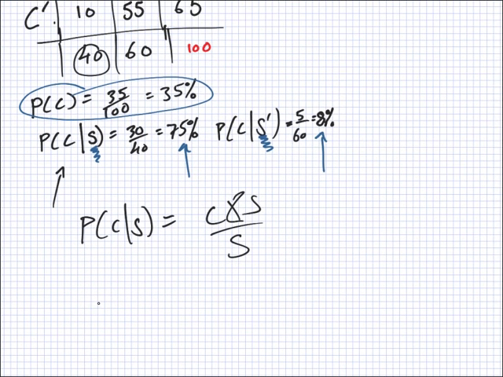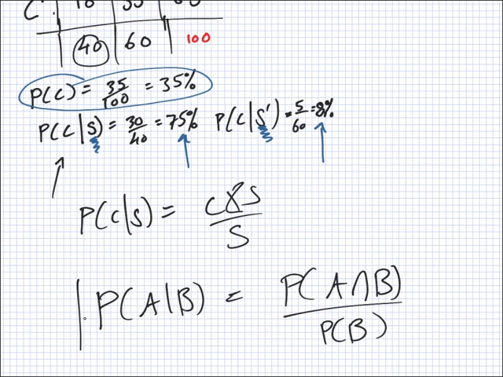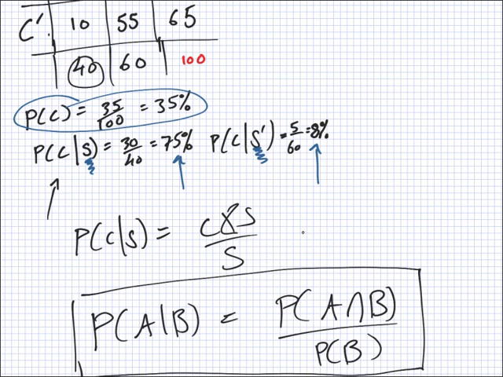If we think of this as a formula using sets, then the probability of A given B is the probability of A and B over the probability of B. So basically that's our definition, that's our formula for conditional probability. Obviously that's important if you want to make note of that. And then we can have a look at using that for some examples now.